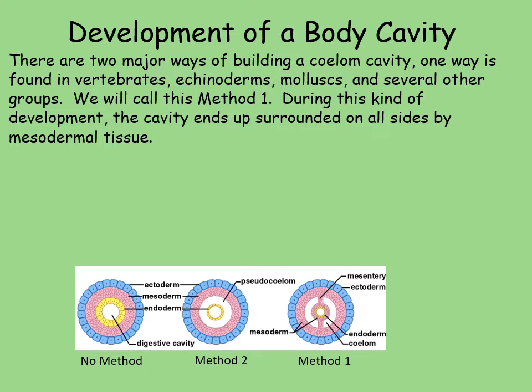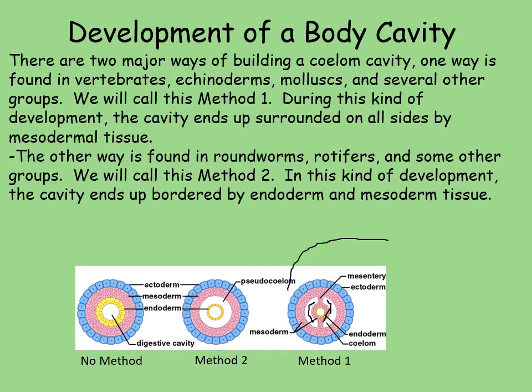During this type of development, the cavity ends up surrounded on all sides by mesodermal tissue. So that's method one here. This is your coelomic cavity, this space. So you can see during development, the coelom on all sides is touching the mesoderm.